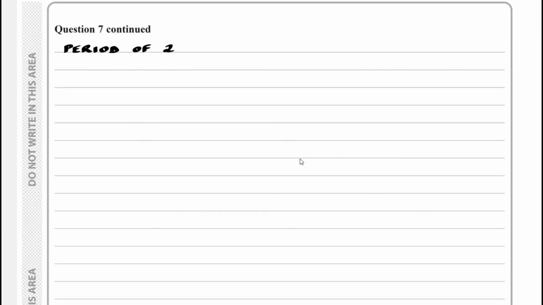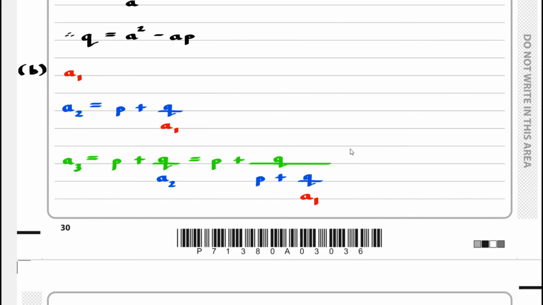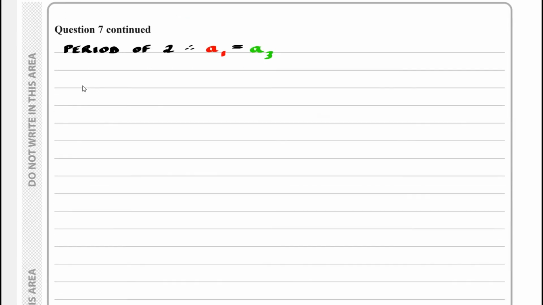Now, for a period of 2, a1 must equal a3. So I need to set this result equal to this result, meaning we have p plus q over (p plus q over a1) equaling a1.